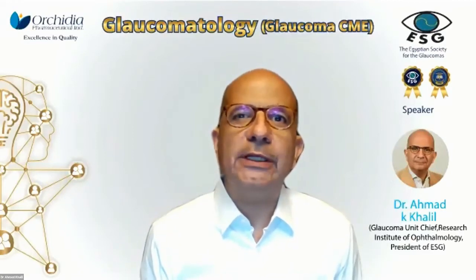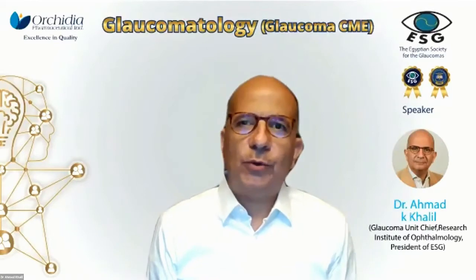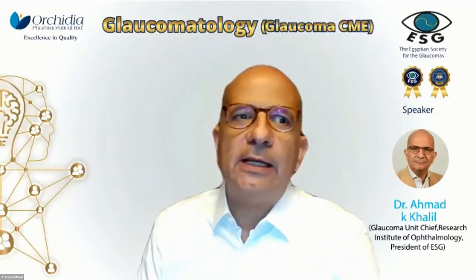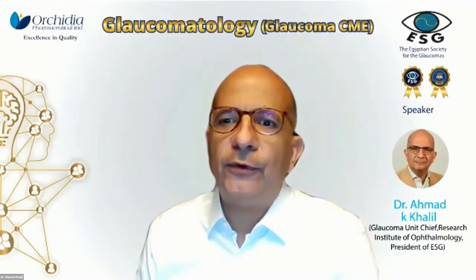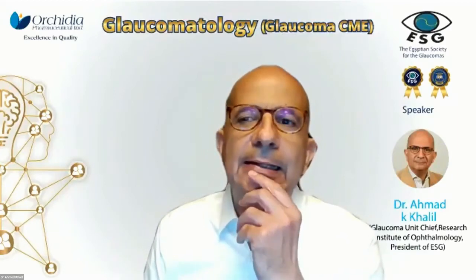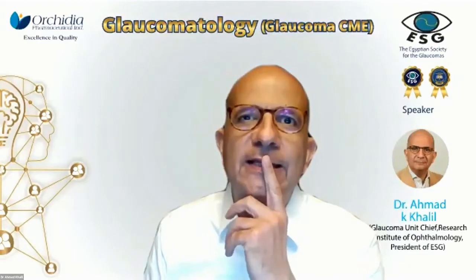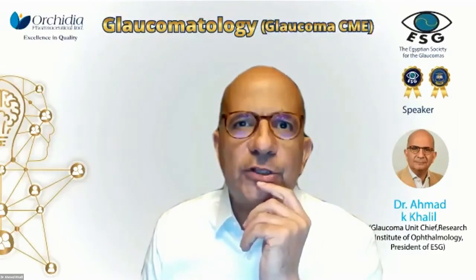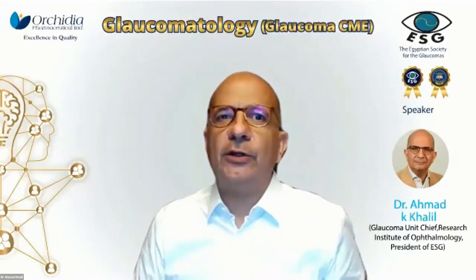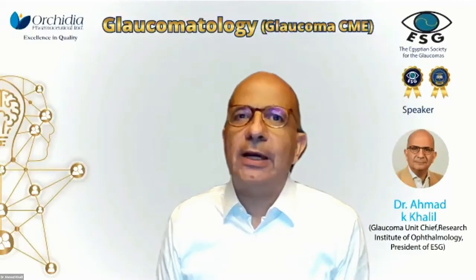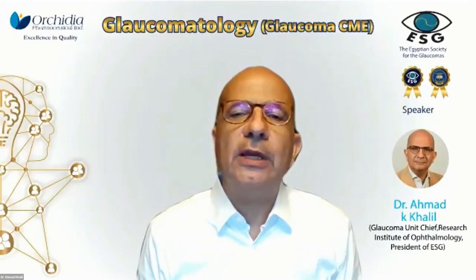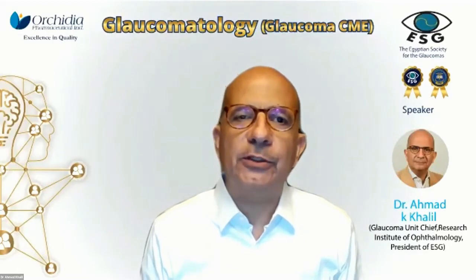This episode will deal with glaucoma in the child. We all, as glaucoma specialists, deal with many kinds of glaucoma, and probably one of the types that needs very special attention and special care is glaucoma in the child. For the child and for the region we live in, because we know that we have one of the highest incidences in the world in the Middle East of congenital glaucoma and developmental glaucomas.